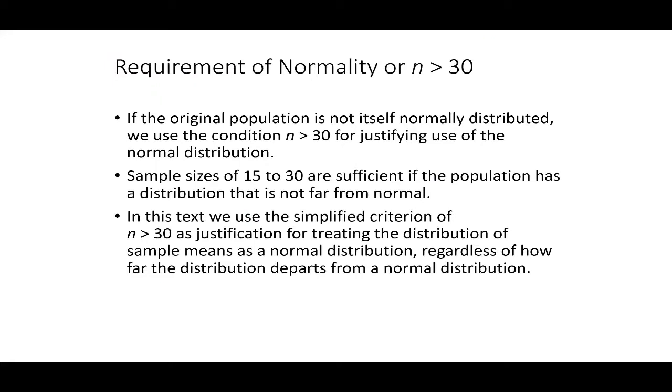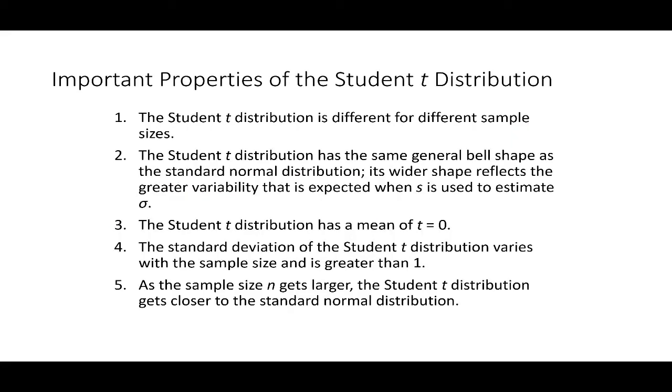One more thing I would like to mention here: the requirement for normality or sample size greater than 30. If the original population is not itself normally distributed, then the sample size has to be greater than 30. Sample sizes of 15 to 30 are sufficient if the population has a distribution that is not far from normal. In this text we use the simplified criterion of sample size greater than 30.